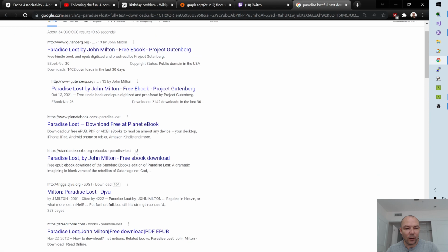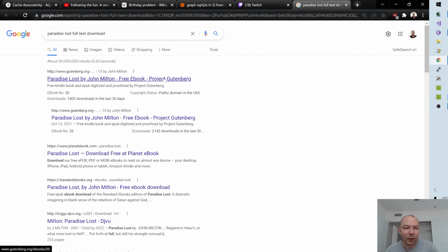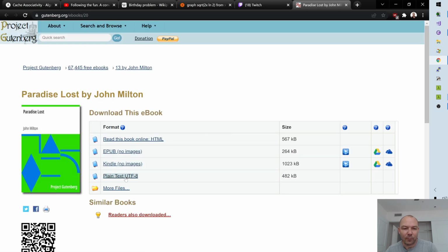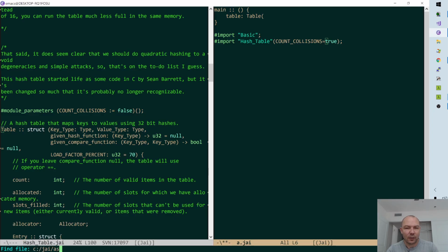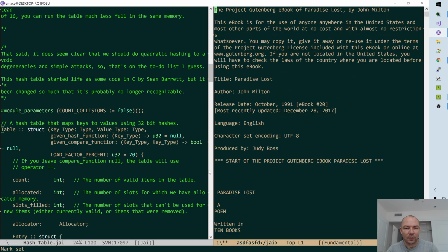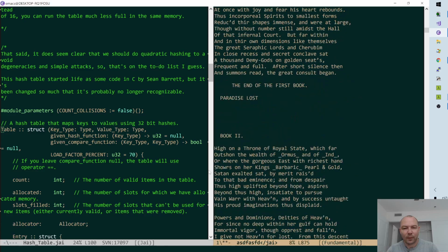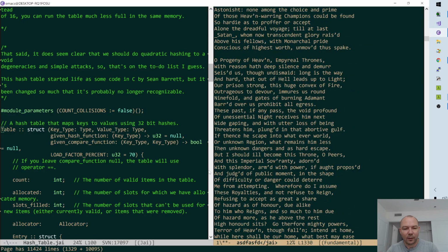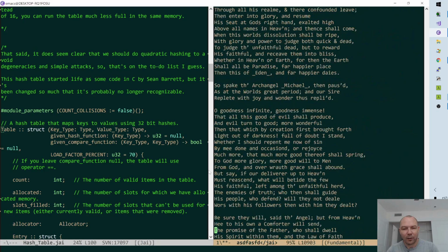I just want to know how many lines it is. I don't want a PDF. I want it in a text file. Plain text. Here we go. 11,000 lines. That's not even that many lines. Are you kidding me? 11,000 lines.